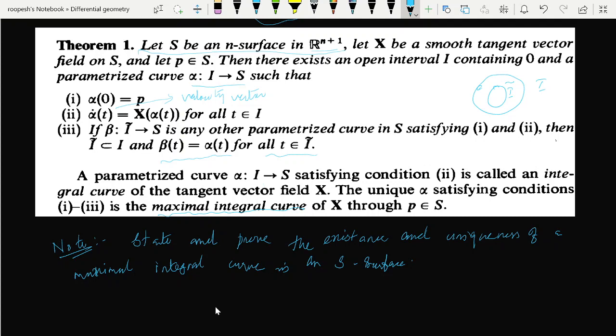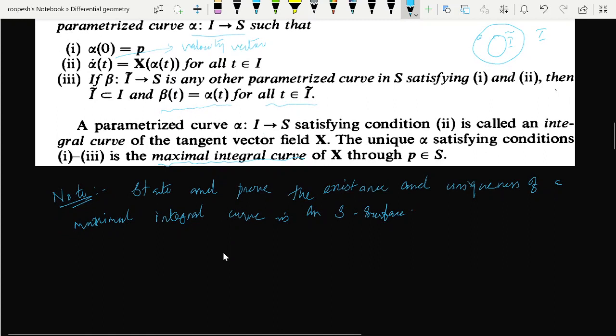Now, a parameterized curve alpha from I to S satisfying condition 2 is called an integral curve. We have already seen this one. Satisfying this means we say that this is an integral curve of the tangent vector field X, as I already said, X of alpha of t equals alpha dot of t.